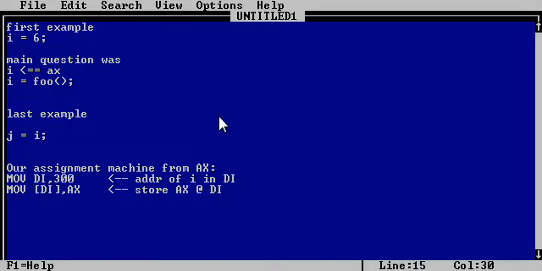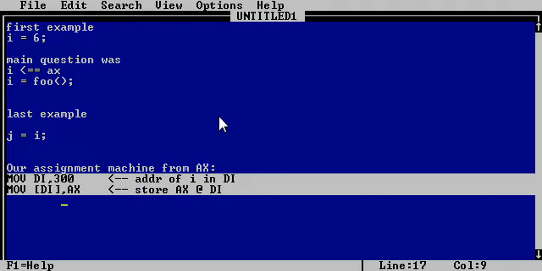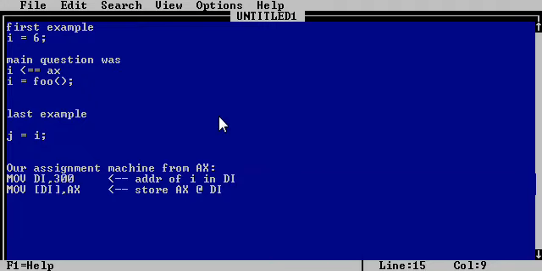We know that we decided perhaps that this is the way that we are going to assign things into I, or anything on the left that's an integer anyway. And if that's the case, it doesn't have to be, but in fact that is the one that's used, AX, then foo does not need to know anything about I. All it's got to do is get something into AX, and then we emit this code. The compiler will emit this code following that procedure, and it'll work like regular assignments.